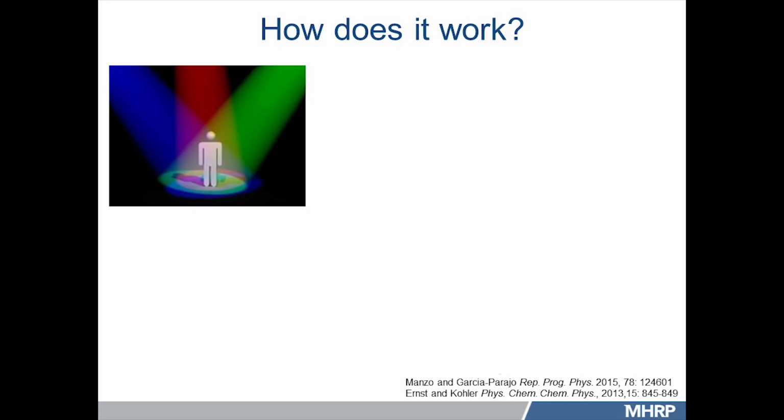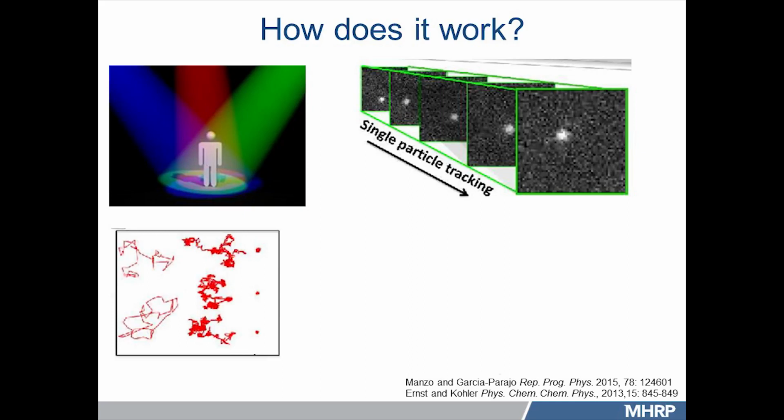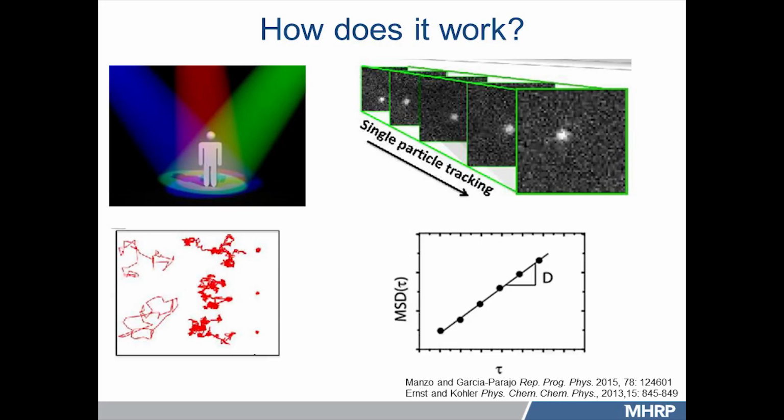In addition, it has a multispectral detection system, so you can detect all the colors being diffracted from the particles. Then you use an algorithm to track the particle movement in the recorded video, and you get the trajectory of the particles. From this trajectory, you can calculate mean square displacement, diffusion, and the size of the particle. That's how multispectral nanoparticle tracking analysis works.